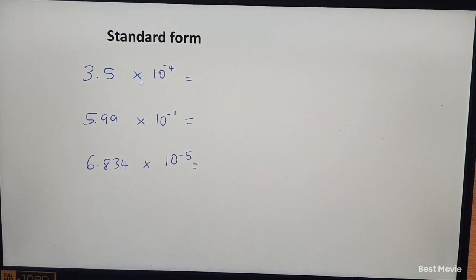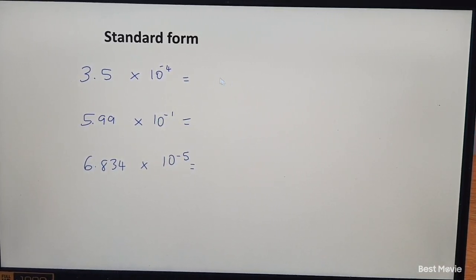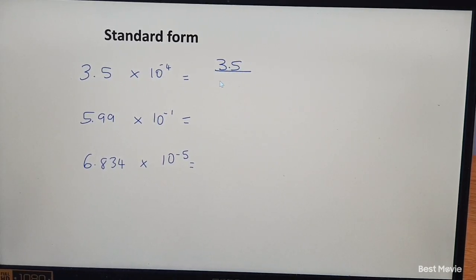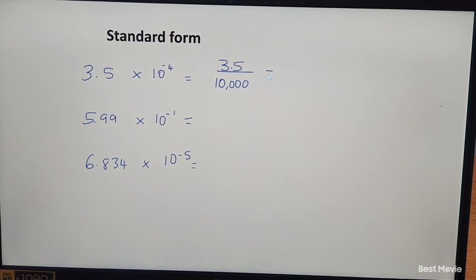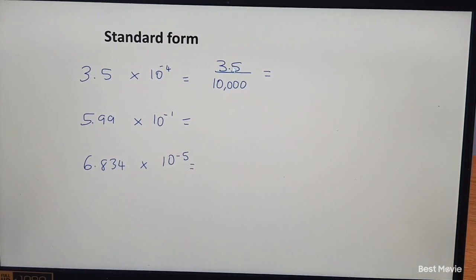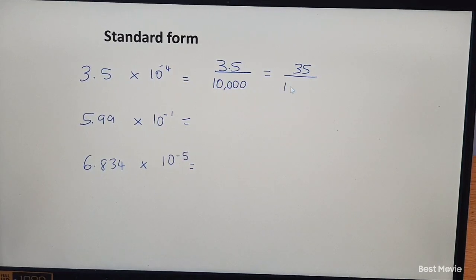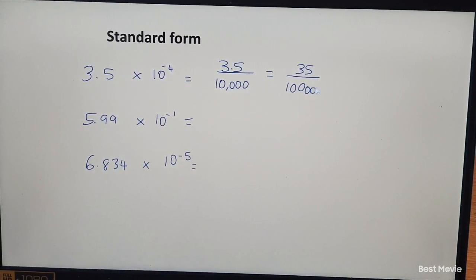Okay, 3.5 multiplied by 10 to the power of minus 4. 10 to the power of minus 4 is 1 over 10,000. So this is 3.5 divided by 10,000. So I need to get rid of the decimal element first of all by multiplying both the numerator and the denominator by 10. So that would be 35. I'm going to write 10,000, multiply it by 10.